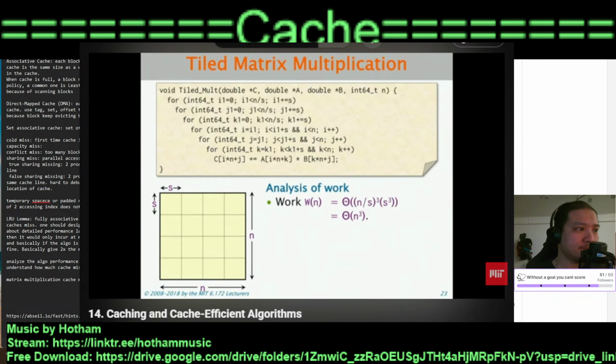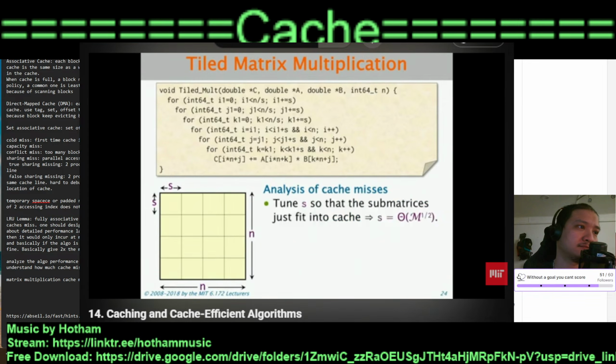And now let's analyze the number of cache misses. We're going to tune S so that the submatrices just fit into cache.